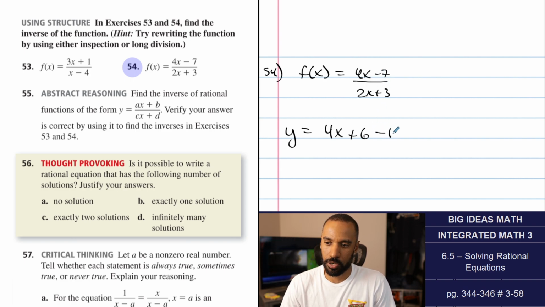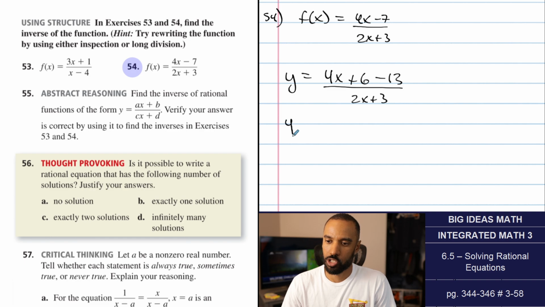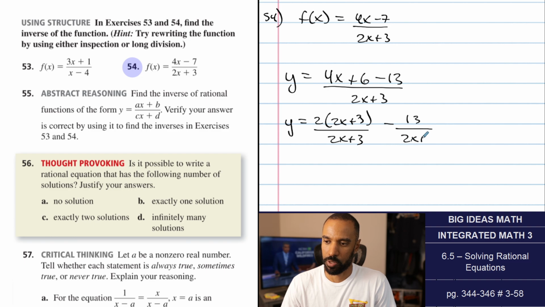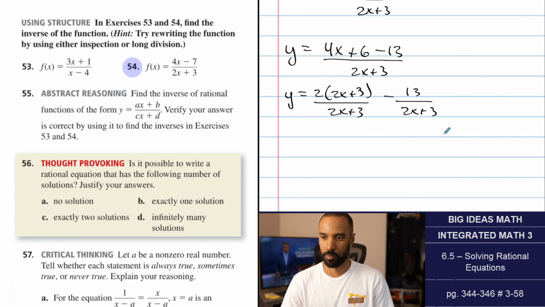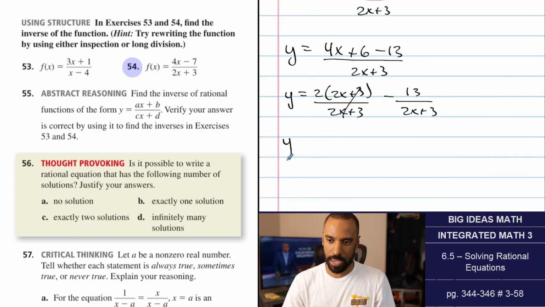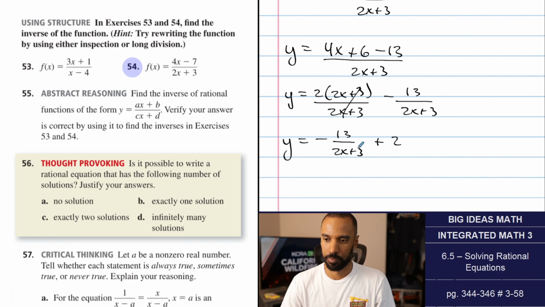I got to subtract 13 to make that become a minus 7 again. Now we can split that up by taking out a common factor of 2, dividing this by its own 2x plus 3, and the negative 13 gets its own 2x plus 3 there. And so now you have y equals negative 13 all over 2x plus 3, and then plus 2.